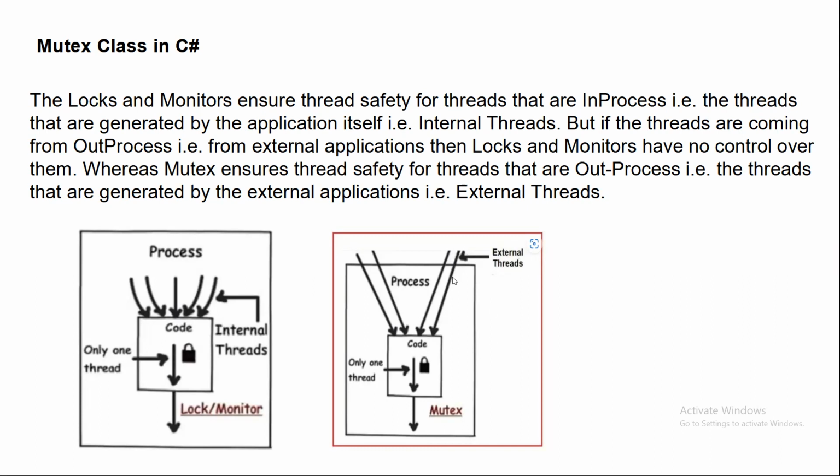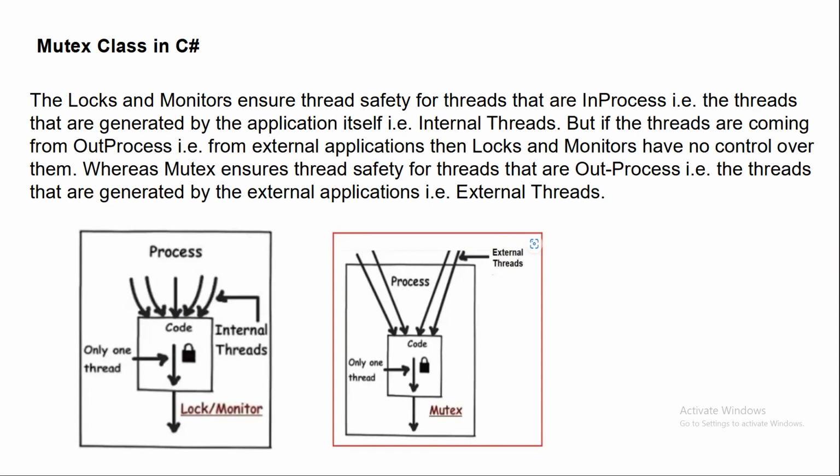If you want to implement a locking mechanism for external threads, you have to use the mutex class. Lock and monitor are only specific to your program or your class. But if the threads are coming from outside of your program, then you have to use mutex.